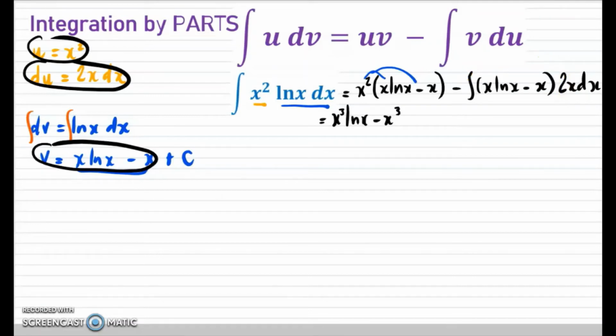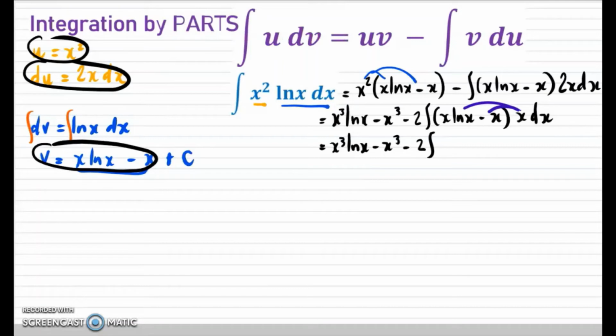Therefore, we have a minus 2 and then integral x ln x minus x, and then here it's only x dx. And then we have x cubed ln x minus x cubed minus 2, and then here again we can distribute our x to these two terms. Therefore, we have the integral x squared ln x minus x squared dx.